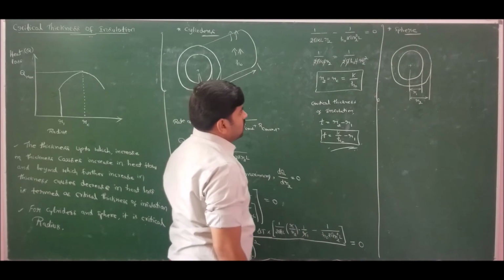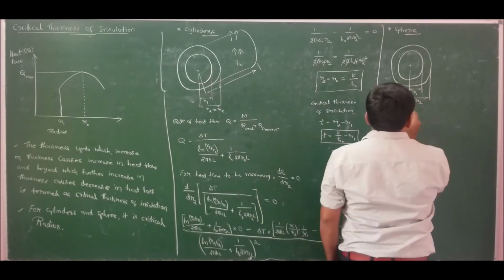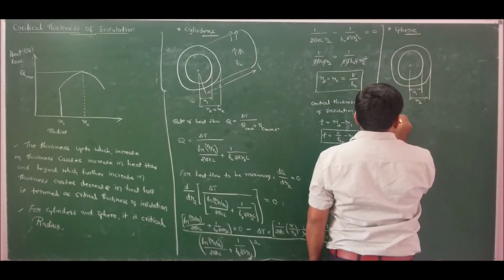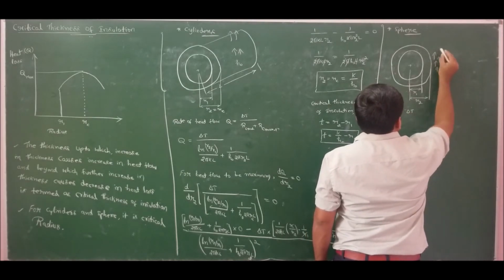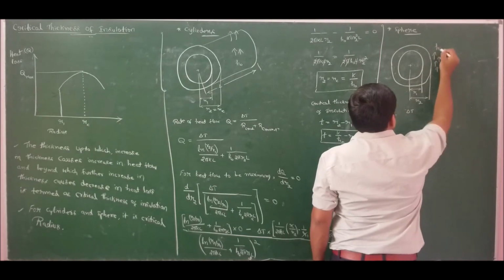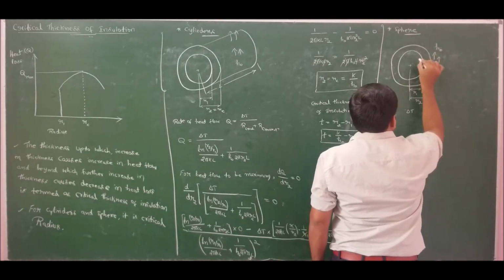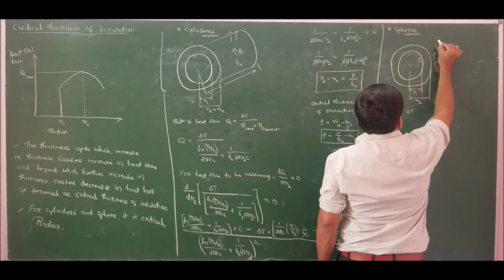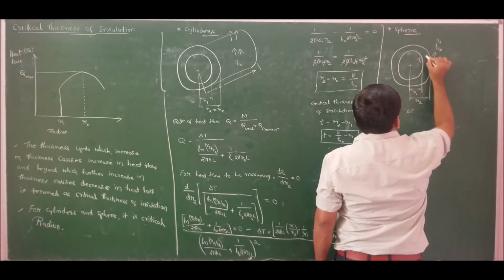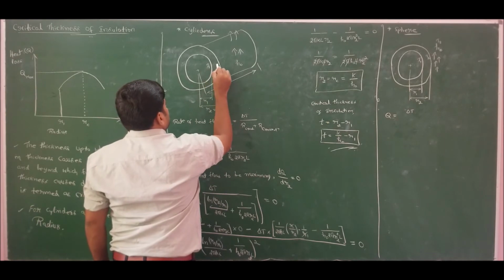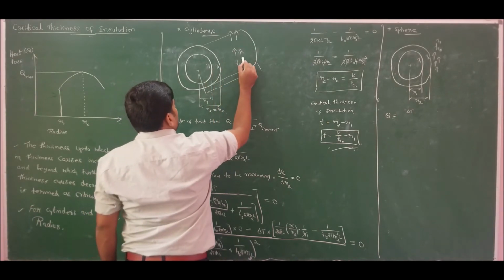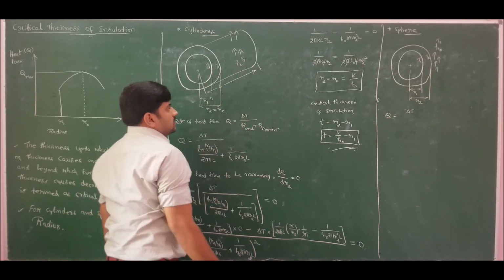Now you all know the rate of heat flow for a sphere, Q, is given by delta T. Let us consider the end convection, h naught. Let us take T1, T2, and the ambient temperature as T3.